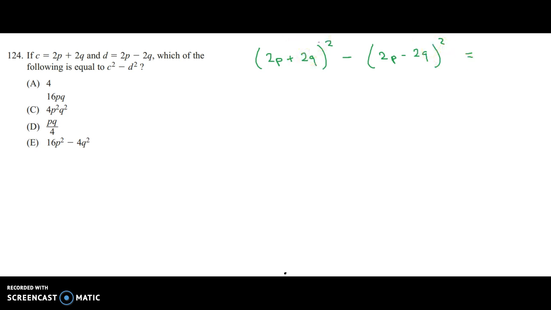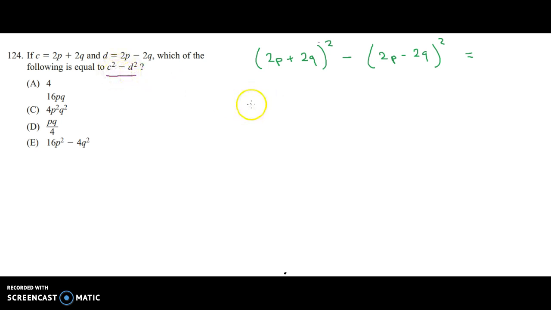Much faster, because we're up against the clock on the SAT, is to recognize the pattern here. This is something that is valuable to have memorized. This is called the difference of two squares formula, and that is just this.